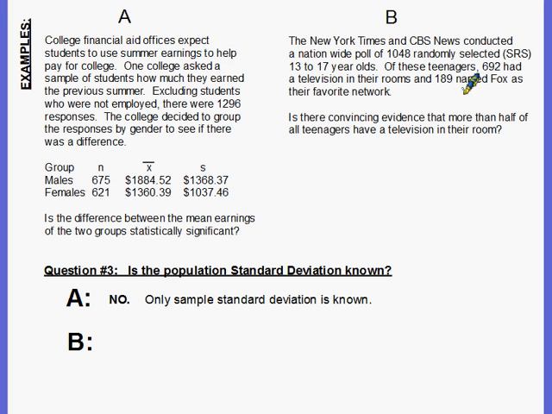And in example B, also, we have no idea what the true population standard deviation for the teenagers that have TVs in the room is. So also, it's a no on the population standard deviation.